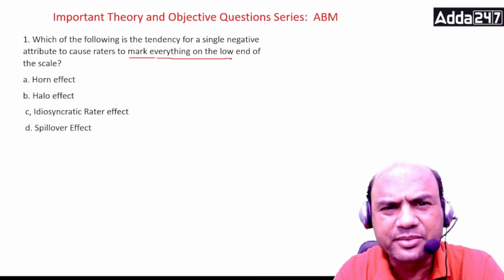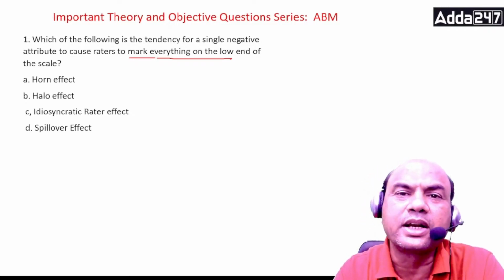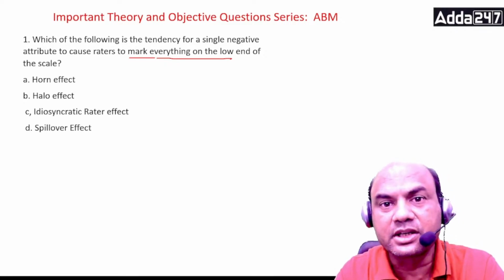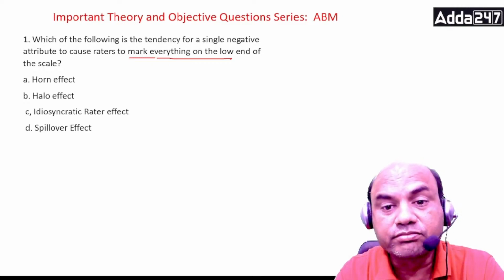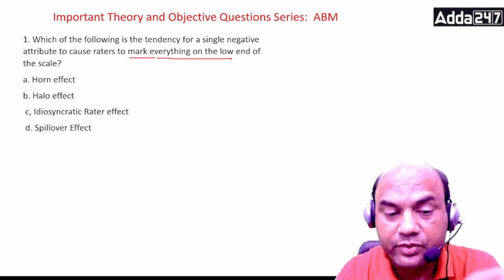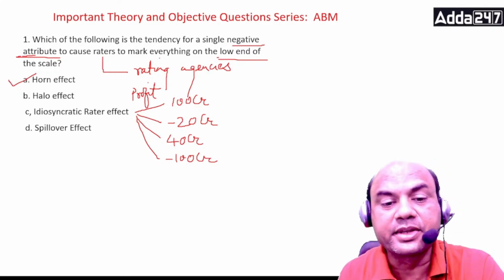This happens many times, isn't it, in our life also? Just one question, you can't judge somebody from a single question. I wanted to explain the horn effect only, because that is the answer. Horn effect generally comes in exams.